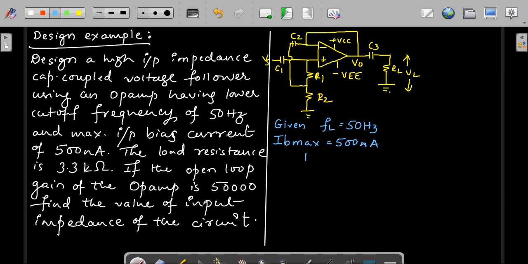Then load resistance RL is given to be 3.3 kilo ohm. The open loop gain of your IC741, please remember M, is given to be 50,000.